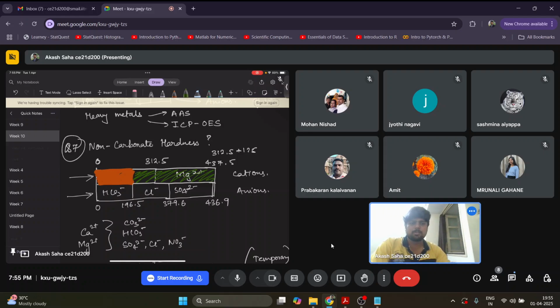But this figure is very important. So always remember, if my total alkalinity is less than the total hardness, the carbonate hardness will be equal to the alkalinity. And once we know the carbonate hardness, we can subtract it from the total hardness to get the non-carbonate hardness. Okay, so this was one part.